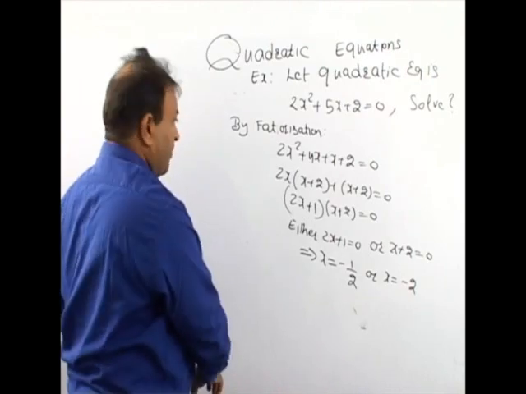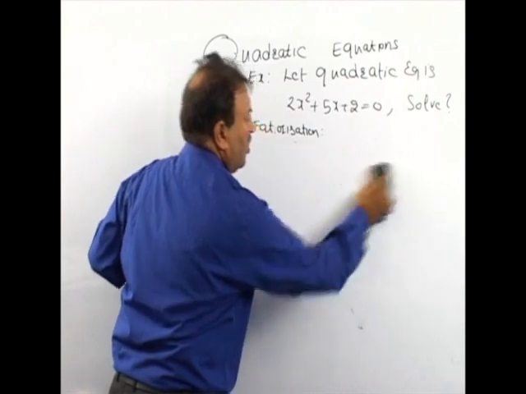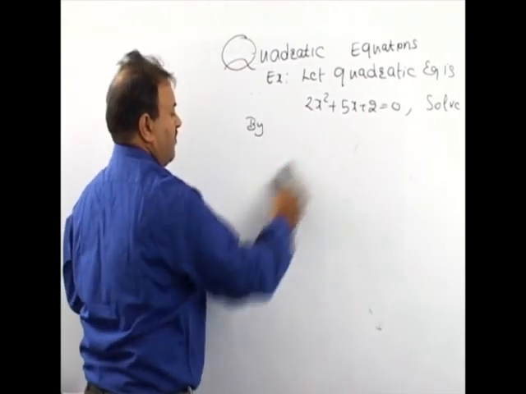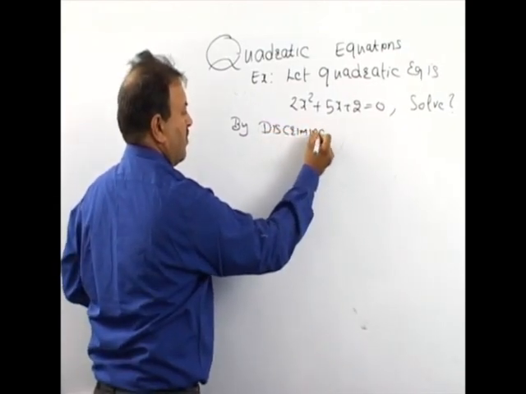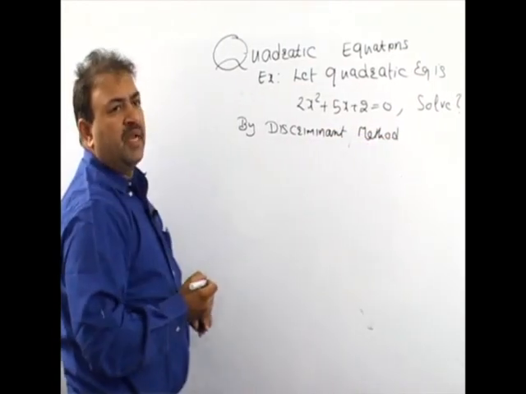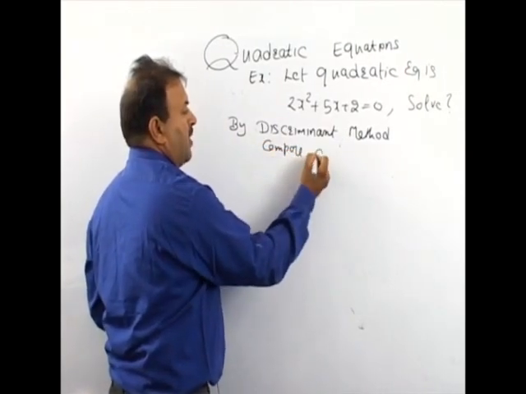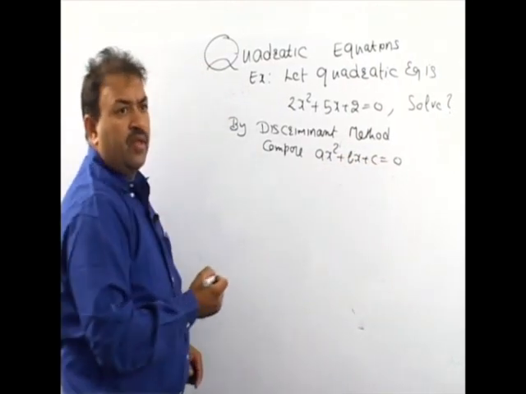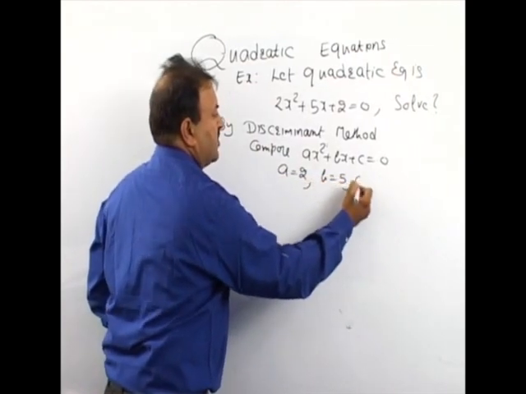Another way is we again solve it and we'll apply the discriminant method. By discriminant method, here we compare with ax square plus bx plus c is equal to 0. a is equal to 2, b is equal to 5, c is equal to 2.